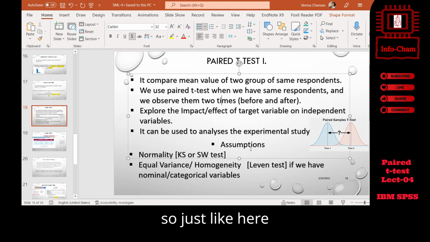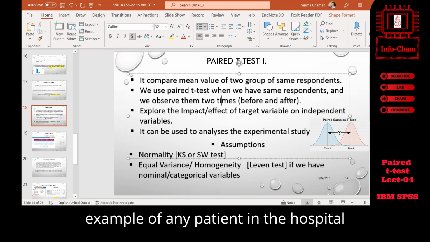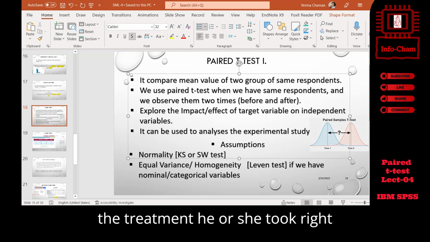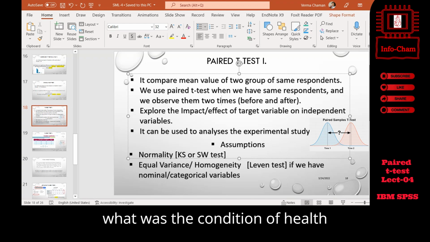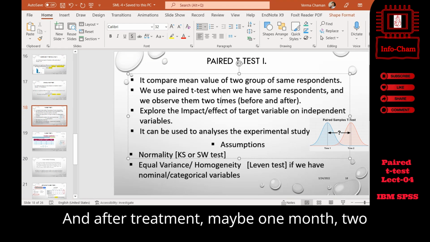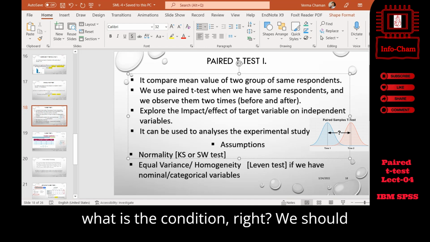Just like here, before or after, you can take the example of any patient in the hospital, the treatment he or she took, right? So we can see before the treatment what was the condition of health, and after treatment, maybe 1 month, 2 months, it doesn't matter, what is the condition, right?